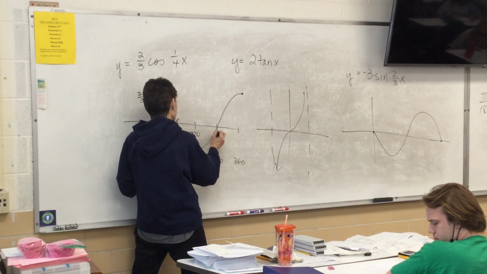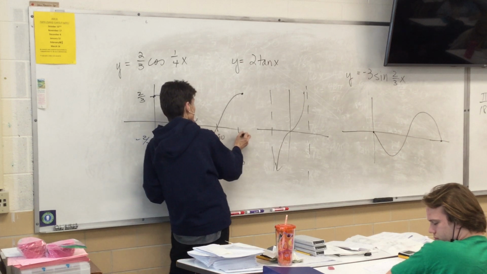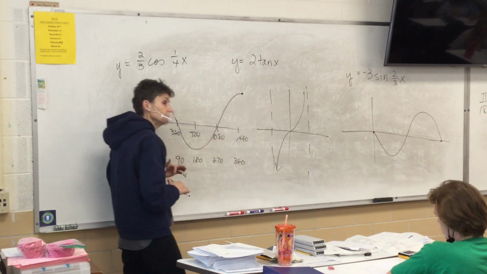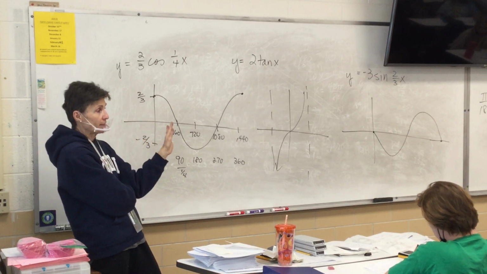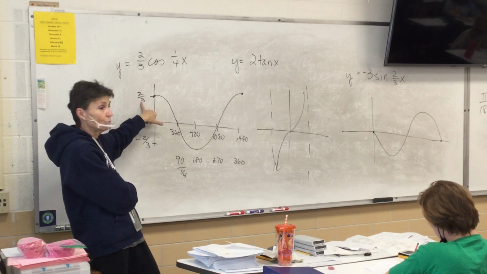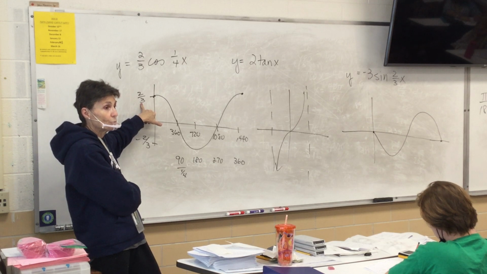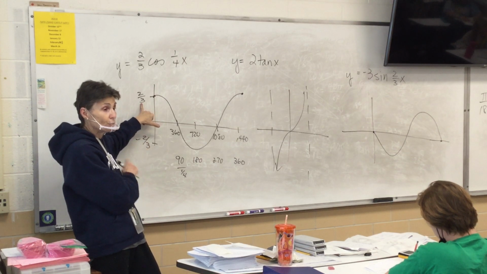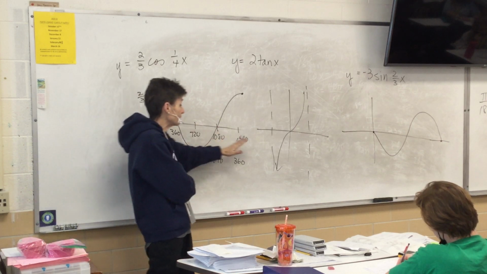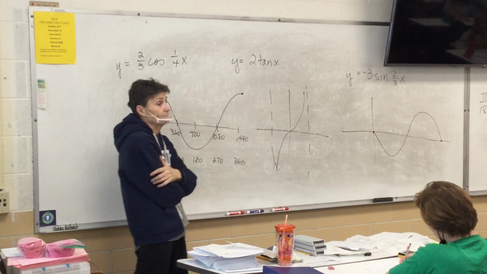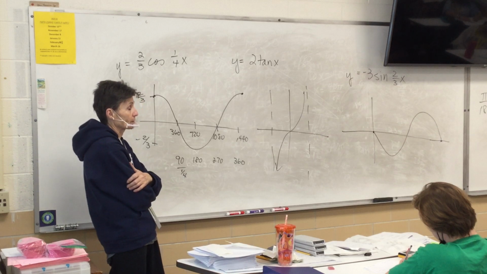This one is 1080, and this one is 1440. So this cosine has an amplitude of 2/3 and a period of 1440.